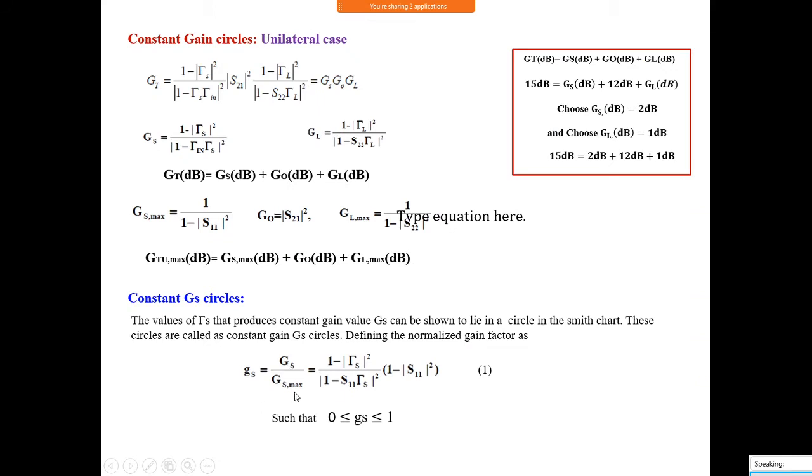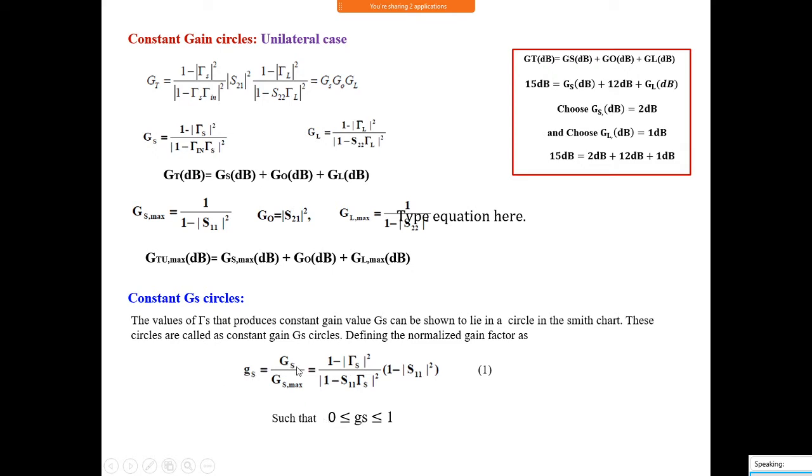So GS maximum is in the numerator, and the maximum value small gs can take is equal to 1. The value gs may be lesser than GS maximum or it may be equal to GS maximum. If GS is equal to GS maximum, then gs takes the value 1, the normalized value. And it may be any value starting from 0.